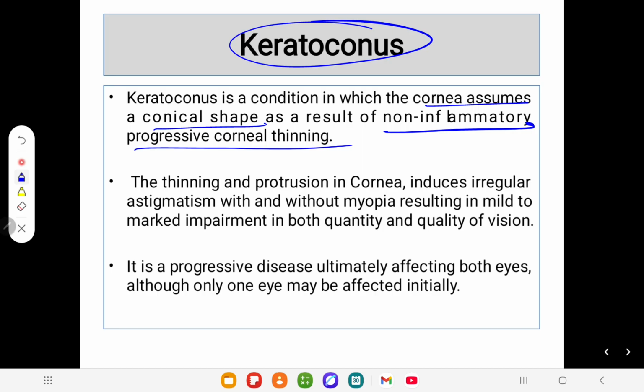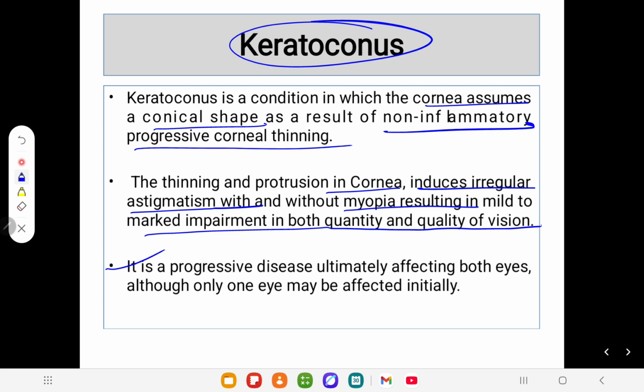New studies are telling, somewhere there are some debates between the researchers, but till now it's non-inflammatory. The thinning and protrusion of the cornea introduce irregular astigmatism with and without myopia, resulting in mild to marked impairment in both quality and quantity of vision. So basically quantity and quality of vision reduce because of the protrusion and because of aberration.